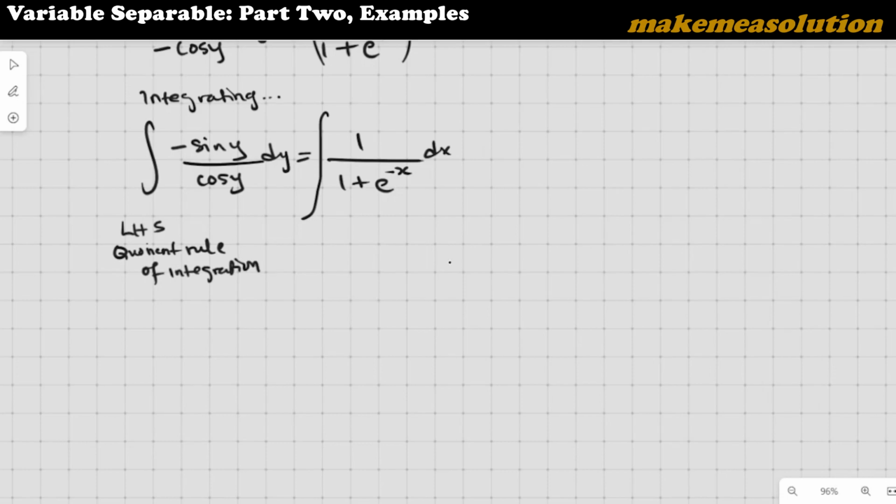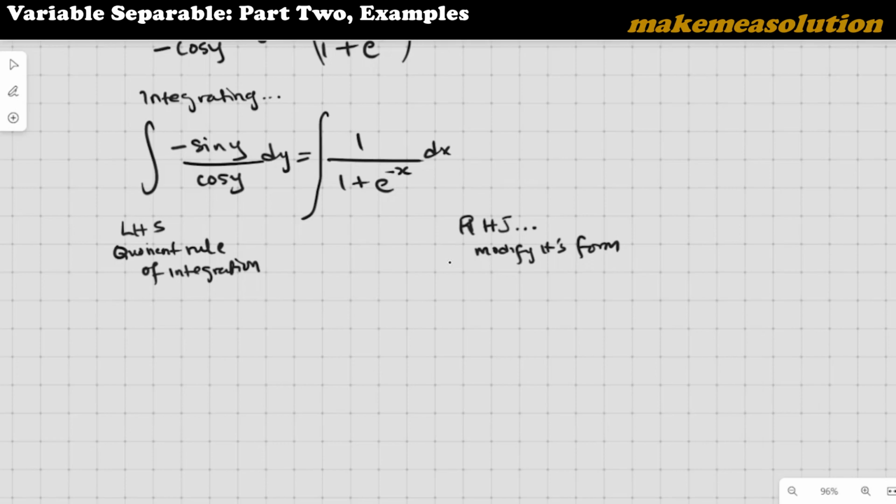Then for this right hand side, we are also going to apply the quotient rule of integration, but we are going to modify it first. Now let's do that together. You agree with me that on the left hand side, on the denominator we have cos y, while on the numerator we have minus sine y.